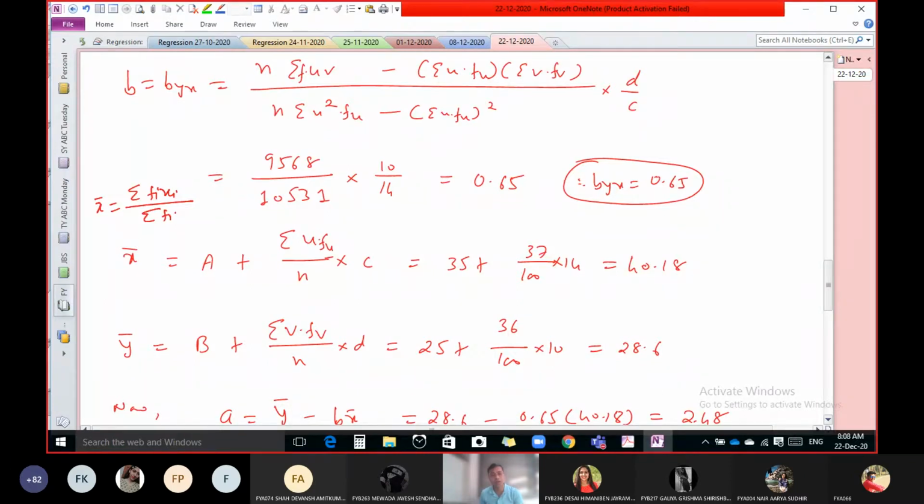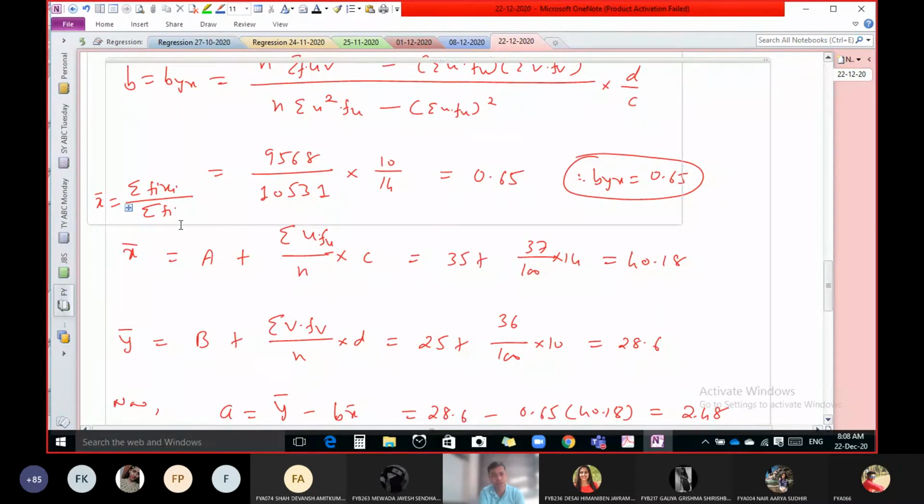So because we do not require to calculate this value due to availability of this formula, no need to calculate anything else by using the formula. There is one other formula of x bar, if you remember.